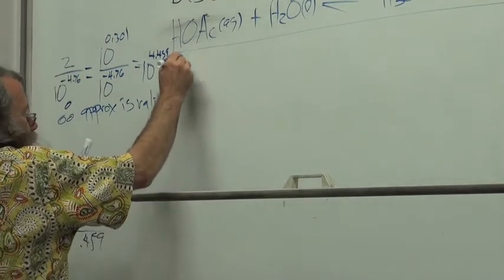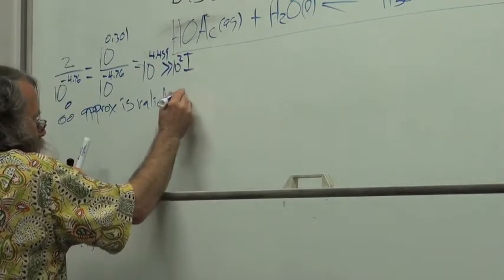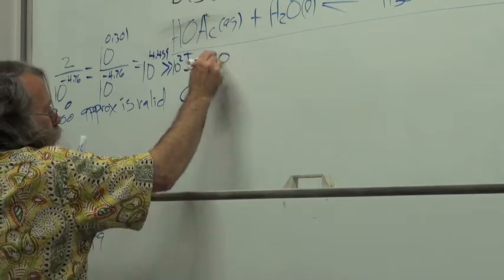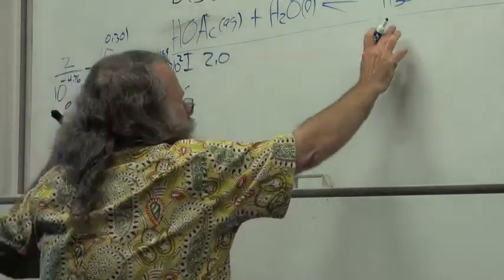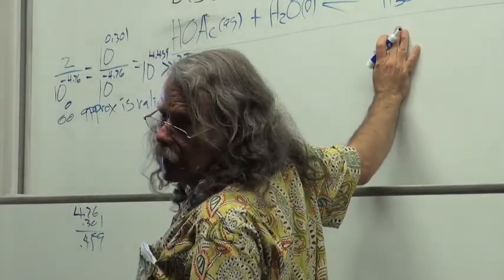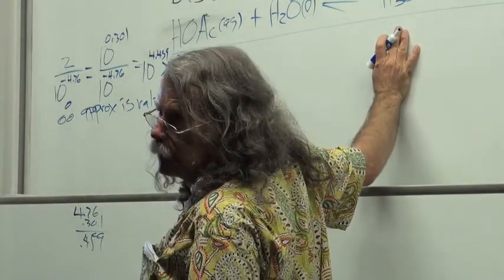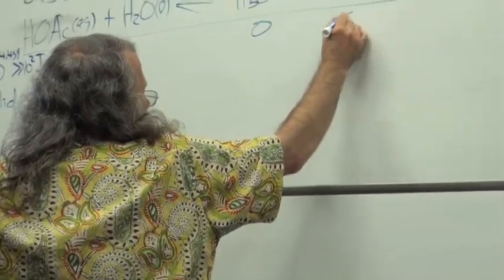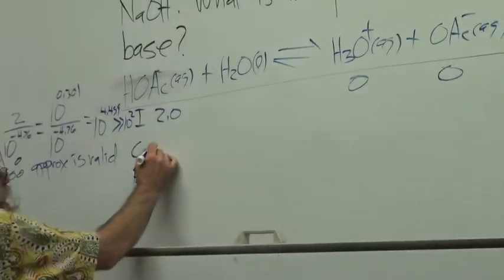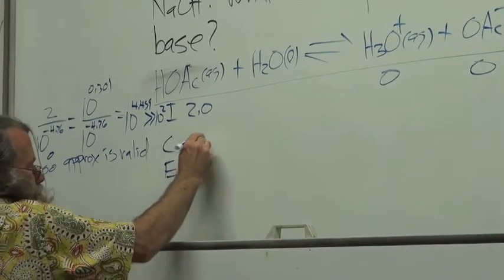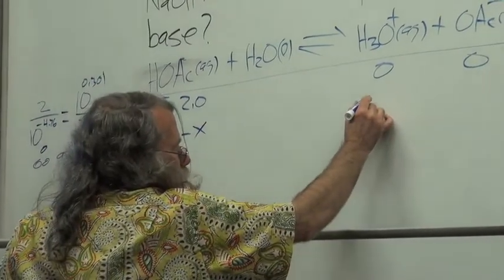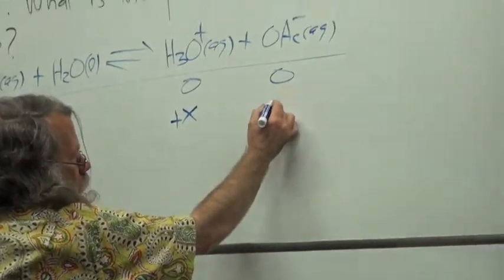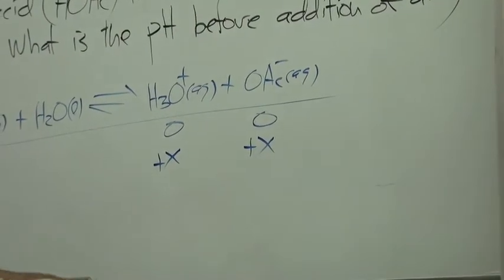And so the ICE is going to be I, C, E. And I have 2.0. What's my initial value for hydronium ion? 0. And acetate? 0. What's the change? Minus X. What? Plus X. How about here? Okay.